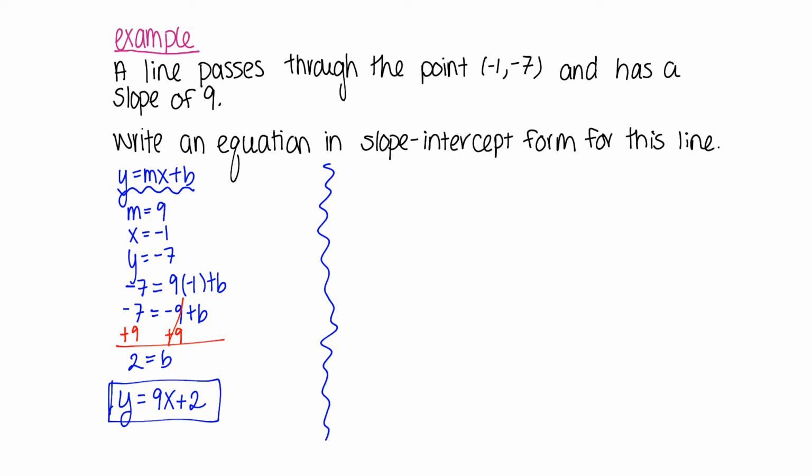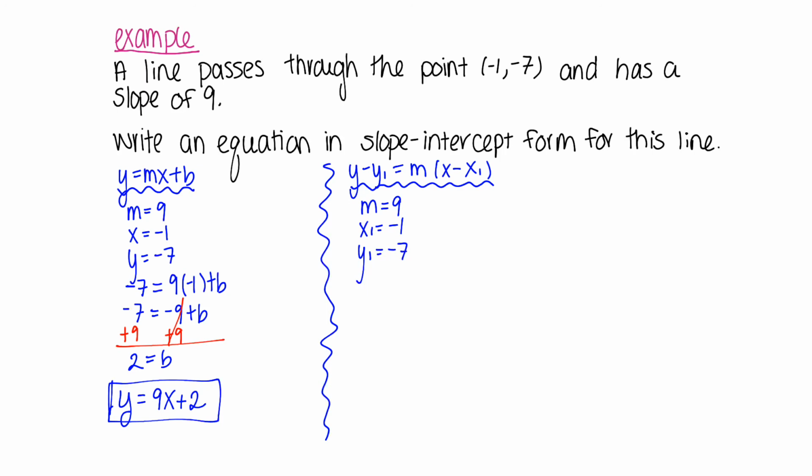We should get the same thing when we try our point-slope form, which is y minus y1 equals m times x minus x1. Once again, m is still 9, but now x1 is negative 1 and y1 is negative 7.